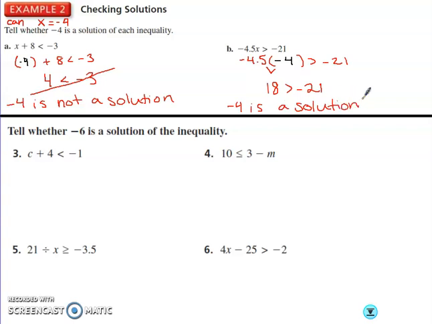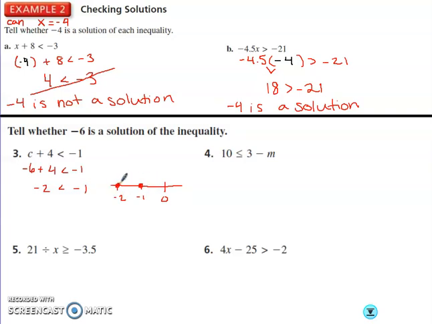Go ahead and take a moment, pause the video, and try the remaining 4 questions on your own. So we should be plugging in a negative 6 for every variable and testing to see if the inequality is true. If you're not sure, we can always put it on a number line. I have negative 1 and negative 2.